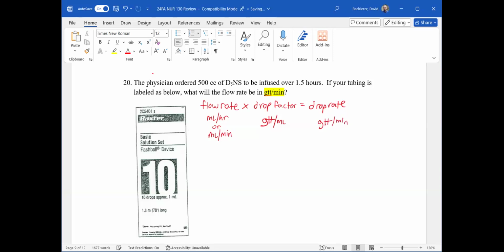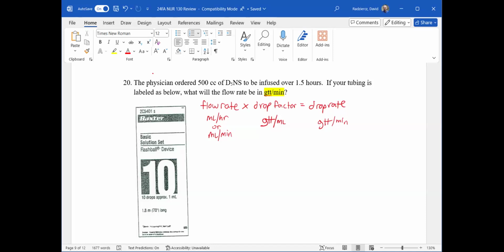Now, sometimes what gets frustrating is you'll get a flow rate question, and it'll say something like calculate the drip rate, but there will be no drop factor. If there's no drop factor, then you're still going to solve for the flow rate in milliliters per hour.